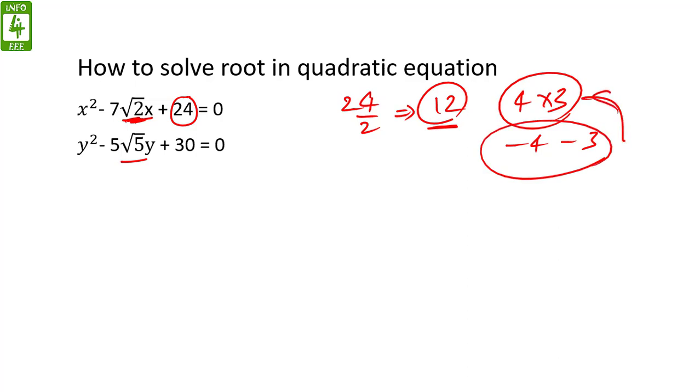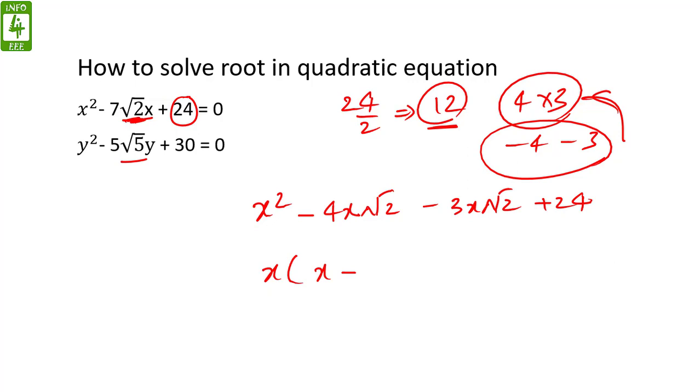So you can break this now, and the value you will get is x square minus 4x root 2 minus 3x root 2 plus 24. If you take x common, this is x minus 4 root 2.